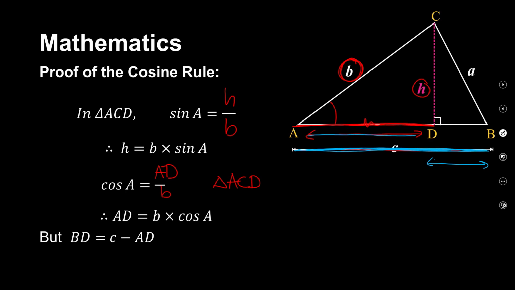So I'm going to write BD as C minus AD. This will help us with our proof, as you'll see in just a minute. So we've got an expression for H, an expression for BD, and an expression for AD.